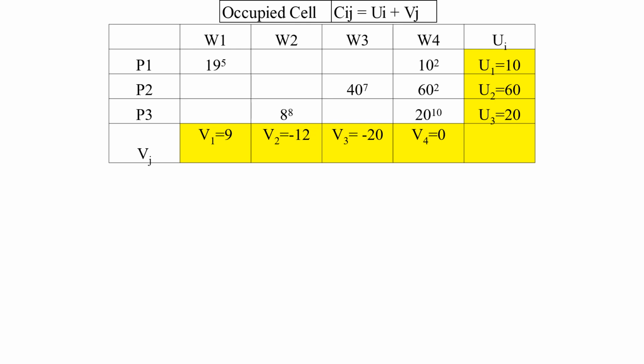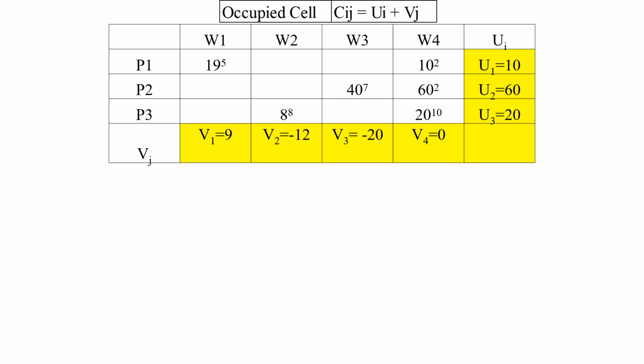In the MODI method, the first concept is that for an occupied cell Cij, where i means row and j means column, some operations need to be done. According to that, you need to know the value of Cij, the value of Ui, and the value of Vj.